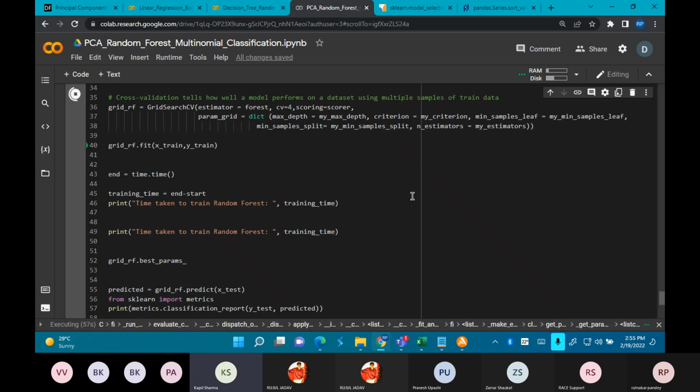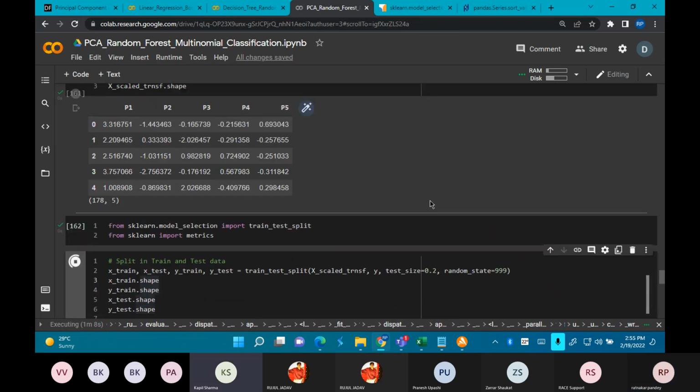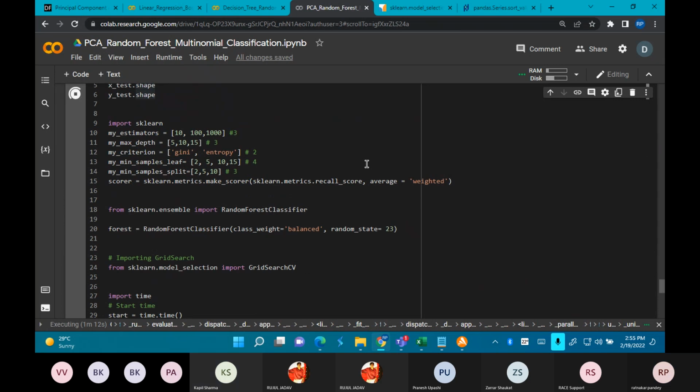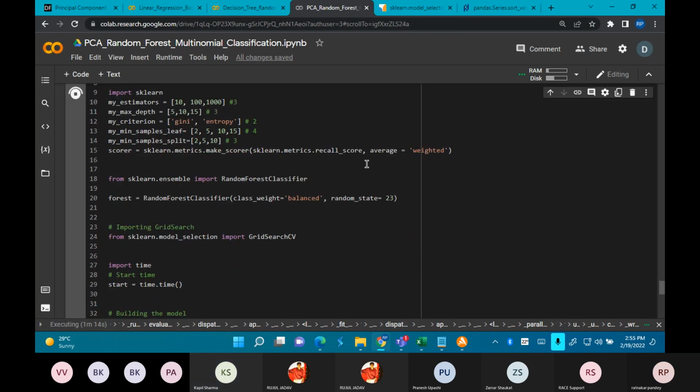Mine is done, sir. Nice. On the PCA data? On the PCA? No, I'm saying the PCA transform data, right? Yes, PCA. Okay, fair enough. We'll wait for others to catch up.